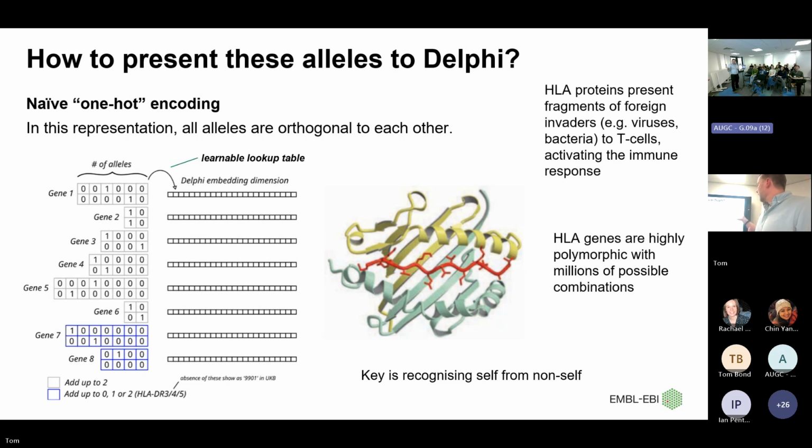These genes encode for a protein which presents foreign invaders or molecules to the immune system, and so they're associated a lot with autoimmune diseases and other things.